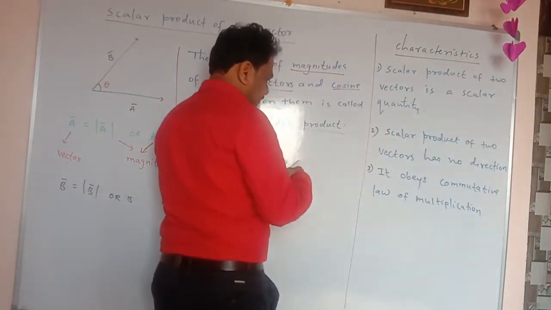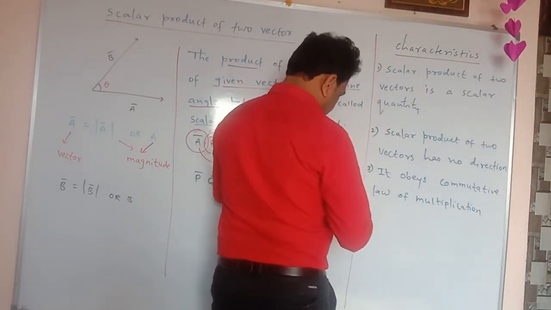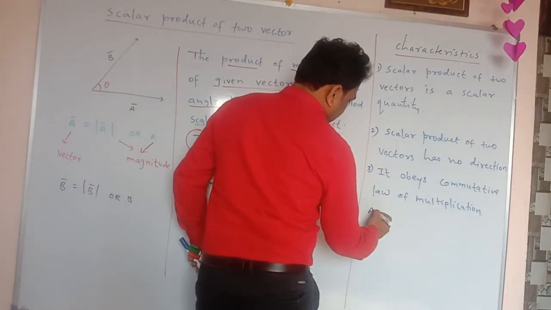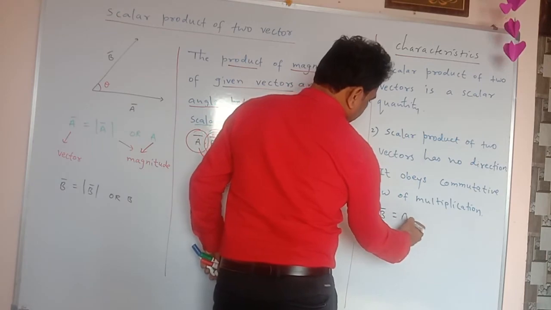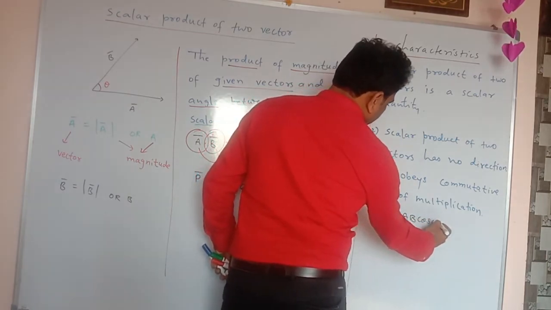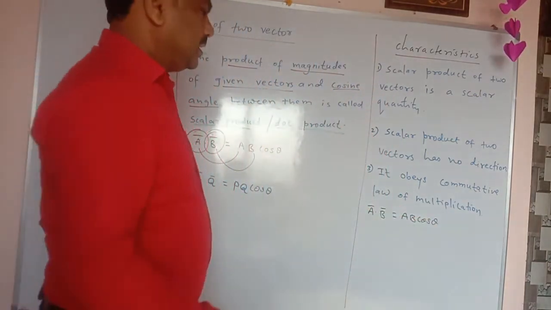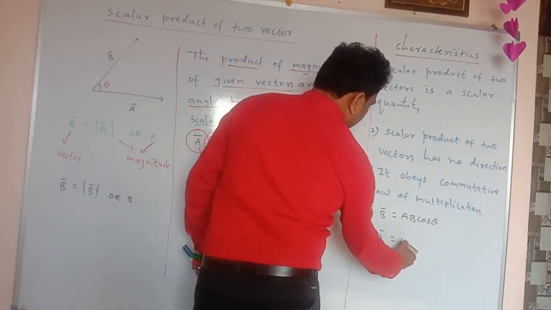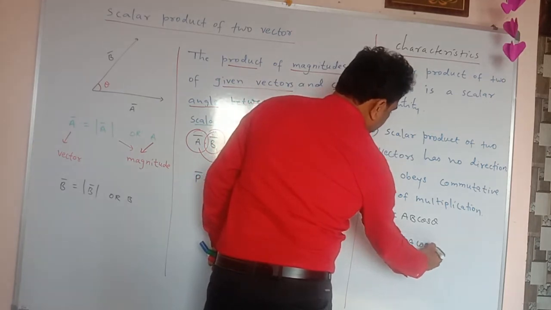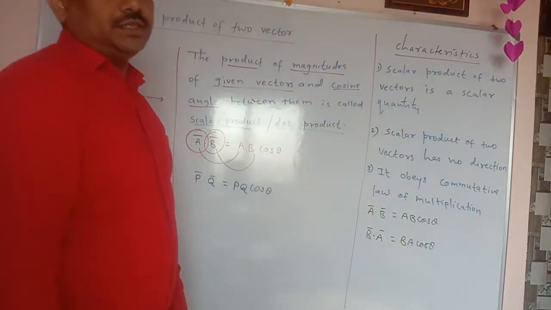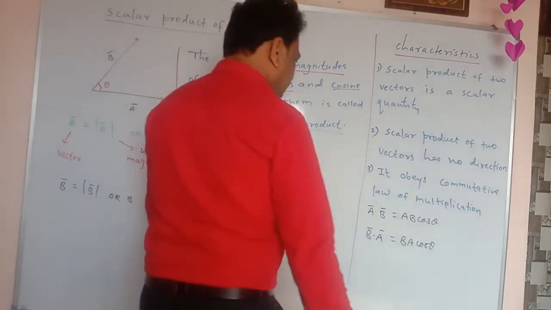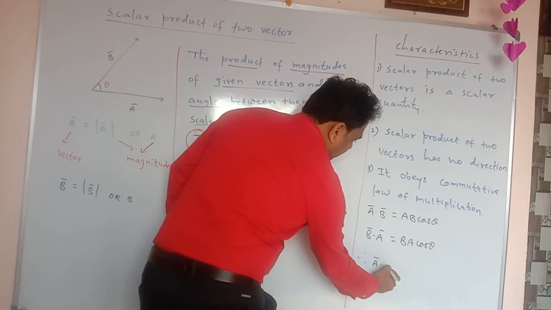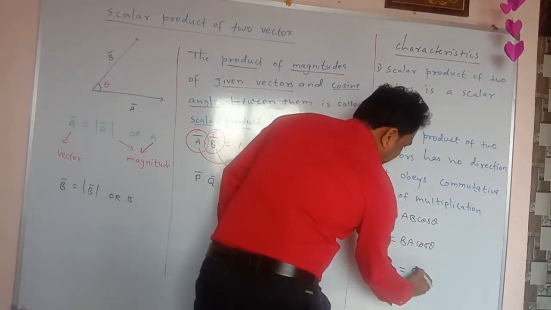So vector A dot vector B is equal to AB cos theta, or we can say vector B dot vector A is equal to BA cos theta. Therefore we can write vector A dot vector B is exactly equal to vector B dot vector A.